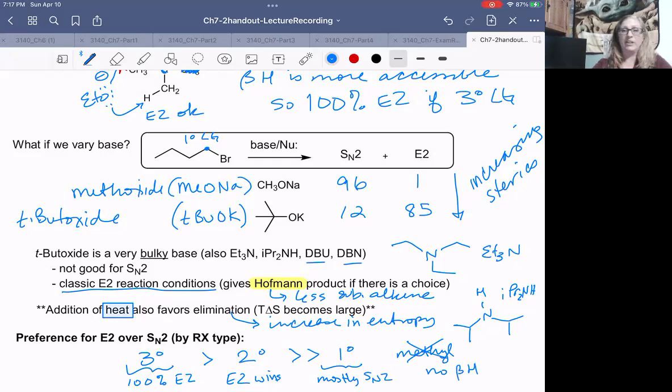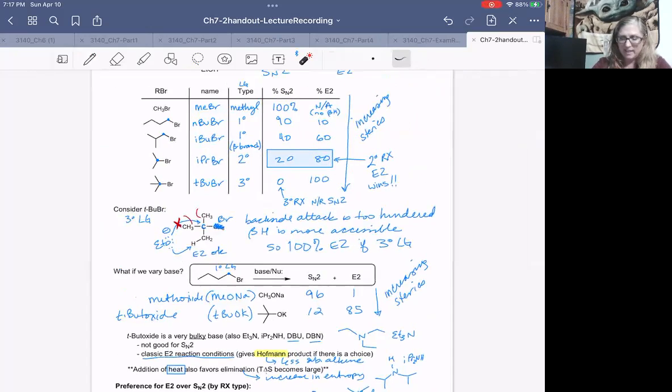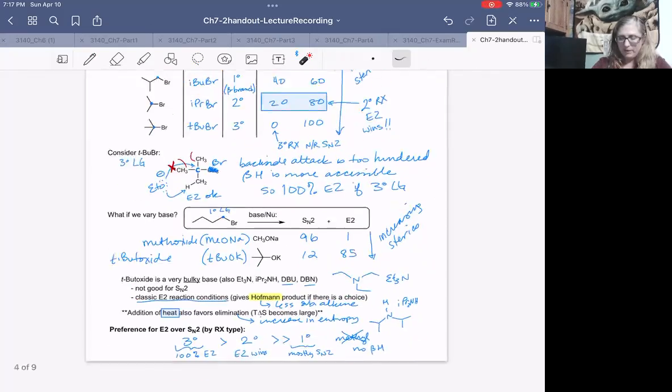So if we have a primary substrate, we're expecting SN2 to happen. If we have a tertiary substrate, we know that E2 is going to happen. And the key here is to recognize that even with a secondary, when we look at that data, the secondary is also included down here, with E2 being favored.